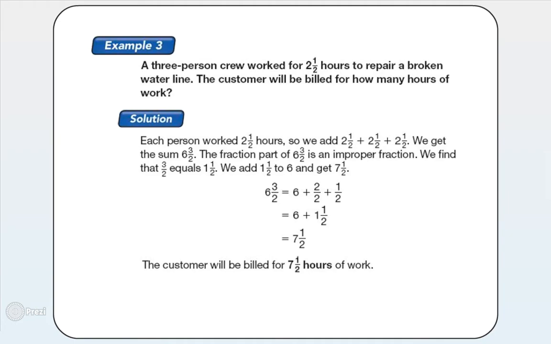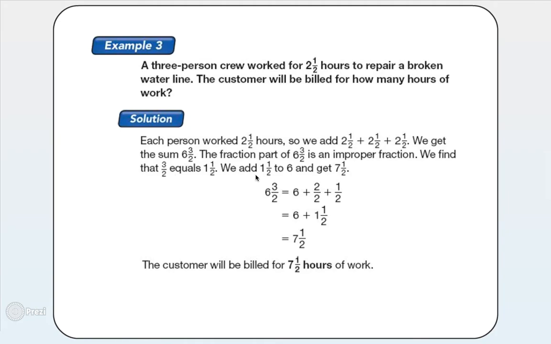All right, in example number 3, a 3-person crew worked for 2.5 hours to repair a broken water line. The customer will be billed for how many hours of work? Each person worked 2.5 hours, so we add 2.5 plus 2.5 plus 2.5, and we get a sum of 6 3/2. The fraction part of 6 3/2 is an improper fraction, and we find that 3/2 equals 1.5.